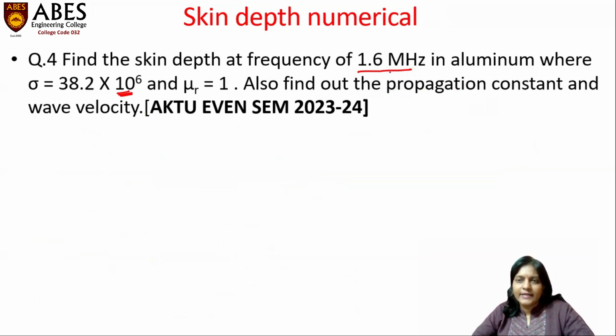As we can see, here the material given is aluminium and the conductivity is of the order 10 to the power 6, means we will apply the formula for a good conductor.